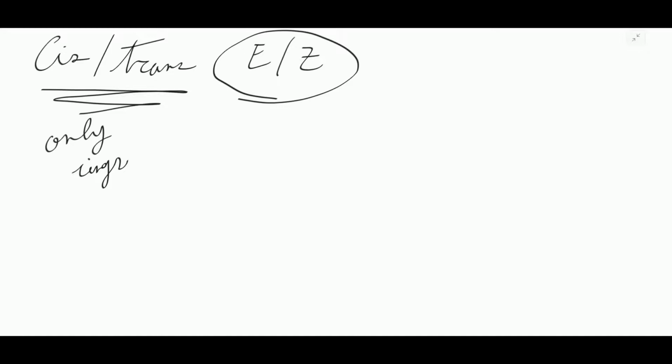So, when you have a double bond, you have carbon bound to carbon. Each carbon has two other things bound to it. So you can have carbon, carbon, carbon, carbon, carbon, carbon, and so on. That's one way the bond could go.